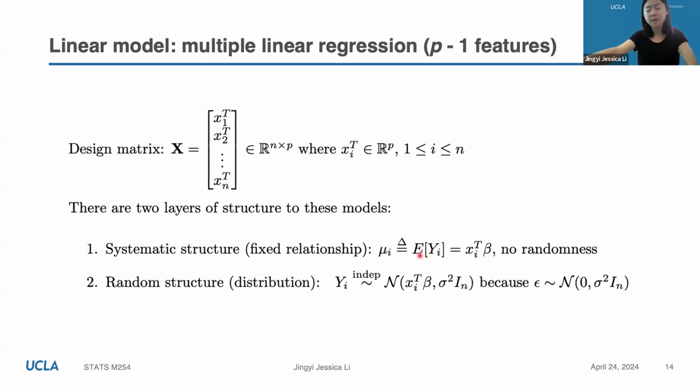Just remember the expectation of yi is xi transpose beta. We assume that the expectation of yi is due to my predictors, and it's the linear combination of predictors that explains the mean. The random structure is about the observed yi, how it is related to the mean of yi. For the linear model, we are essentially assuming that yi is normally distributed, with mean given by the systematic structure, xi transpose beta, and variance sigma squared.